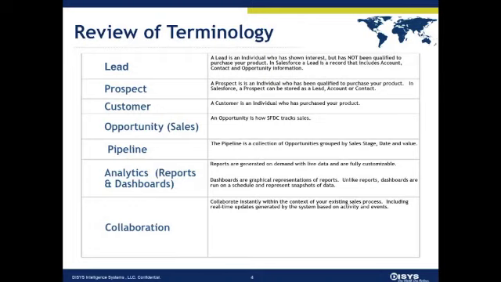Okay, the pipeline. The pipeline is simply what Salesforce calls the collection of the opportunities. So as we'll see later on, the opportunities are broken into different stages and different time frames, different amounts, and all of that collectively is referred to as pipeline.